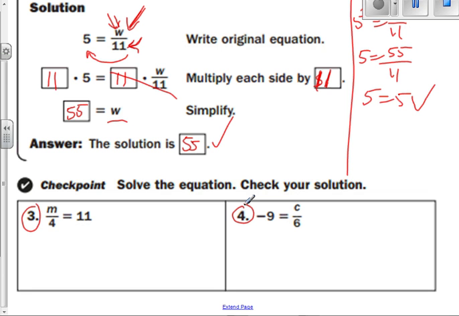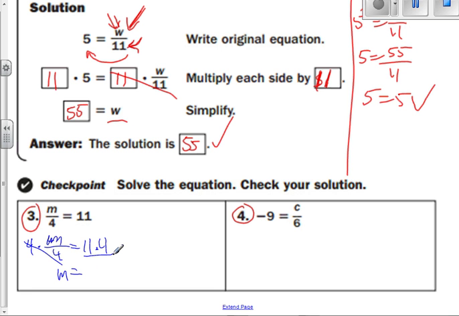Okay, so we have m divided by 4 is equal to 11. I'm going to change my color here. So I need to rewrite this: m divided by 4 is equal to 11. I am going to multiply both sides by 4, just like we did in our example up above. The 4's on the left will equal 1. 1 times m will give me m.